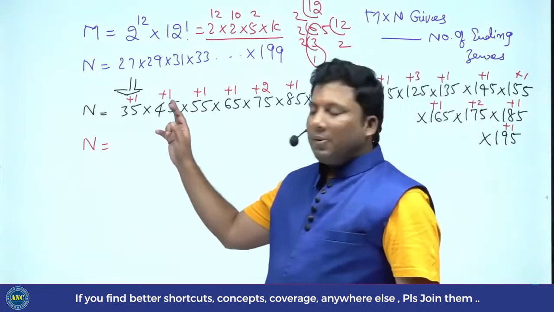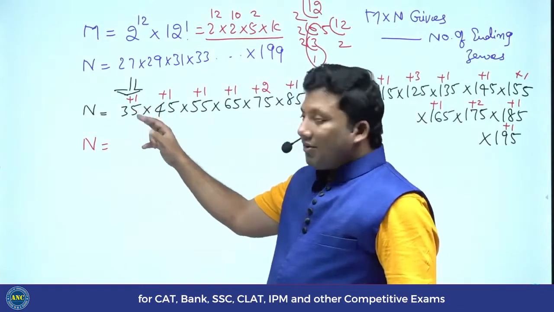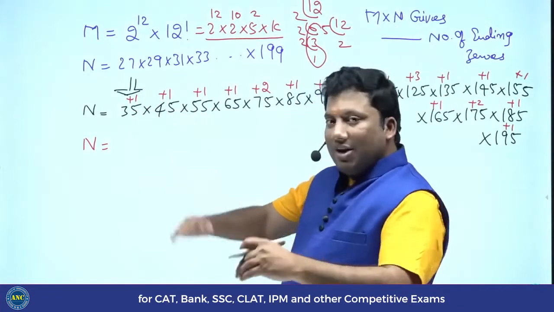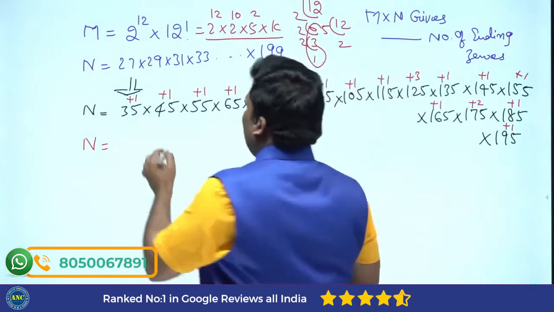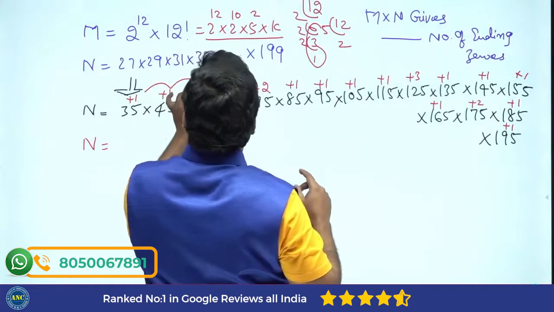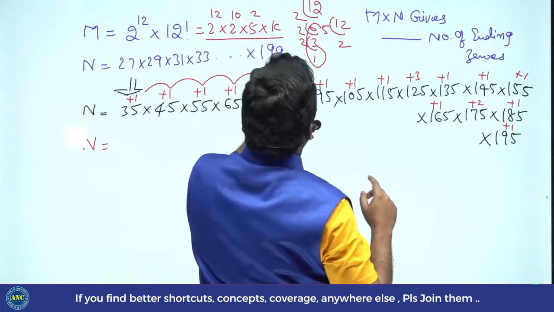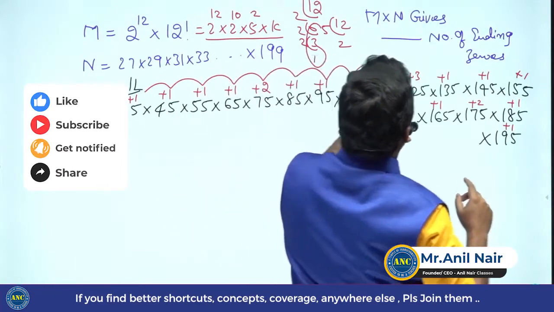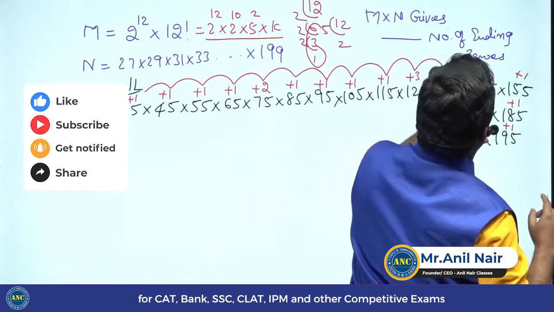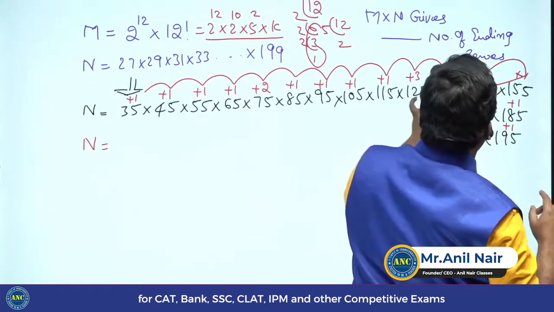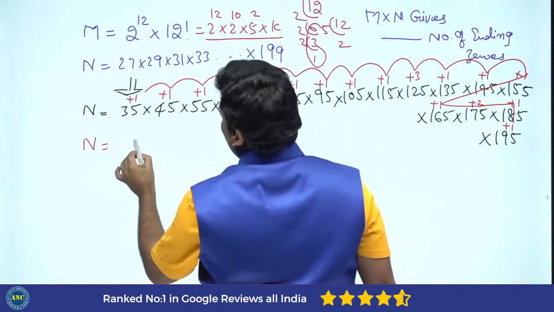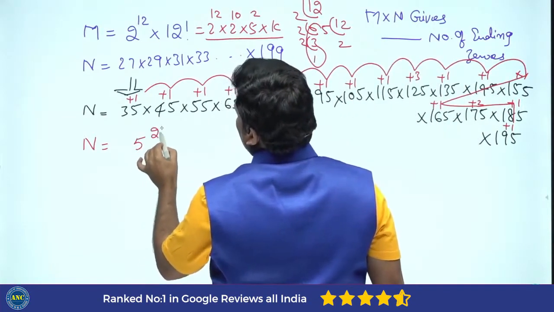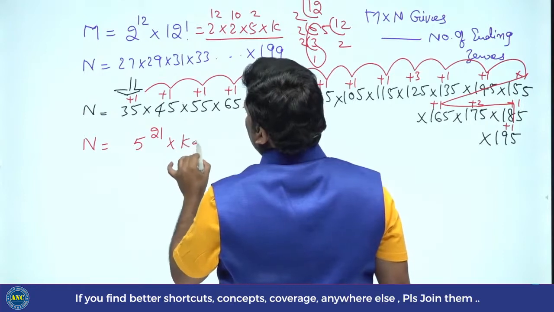Plus 1, plus 1, plus 1, plus 1. Totally how many did I get? 21. So 5 power 21 into some other prime bases.